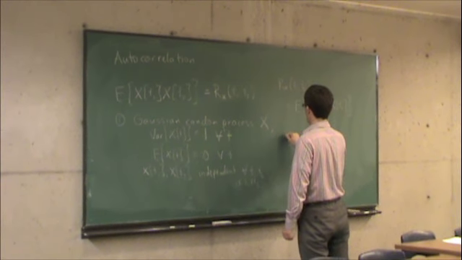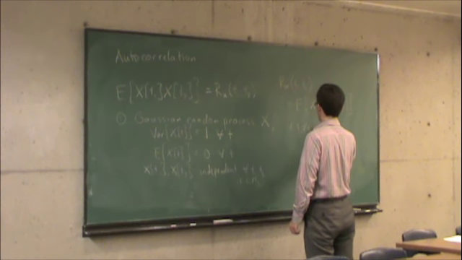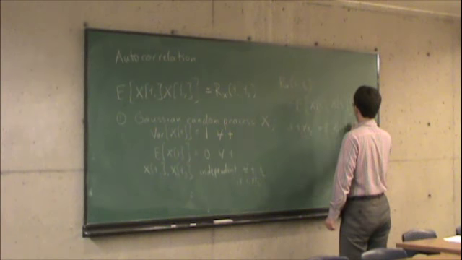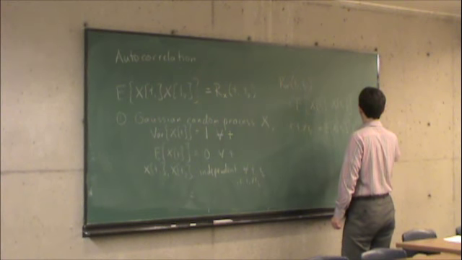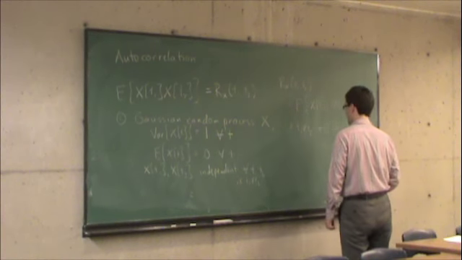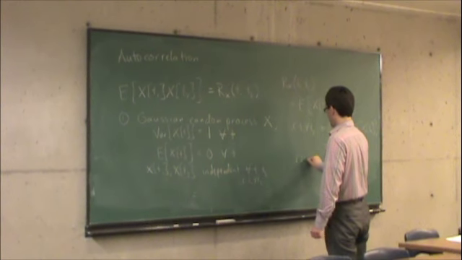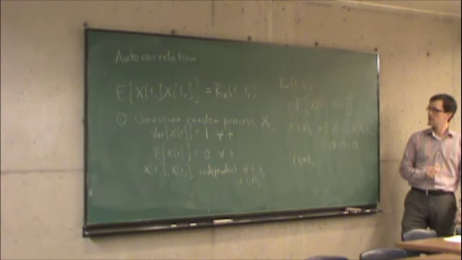So we have Rx. If t1 is not equal to t2, then this is equal to the expected value x of t1 times expected value x of t2, which is 0 times 0, which is 0. Okay, if t1 is equal to t2, what do I have? Then it's 1.